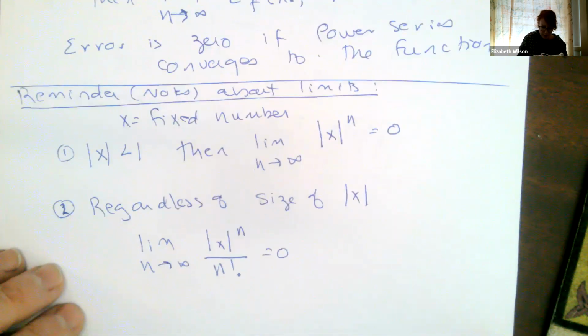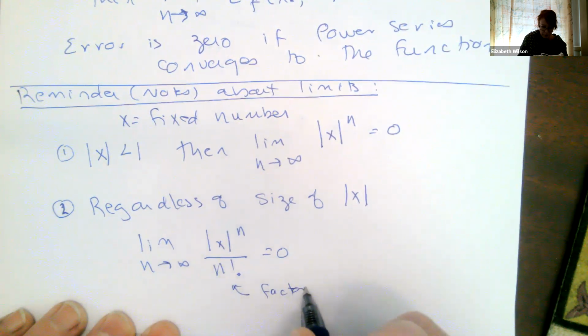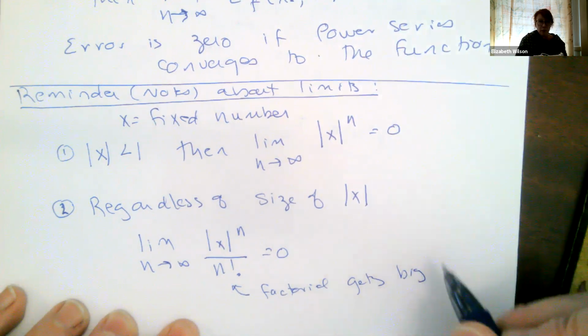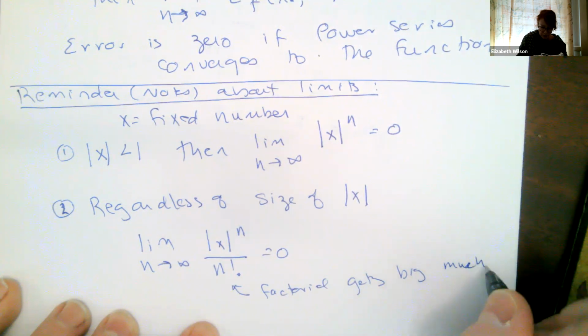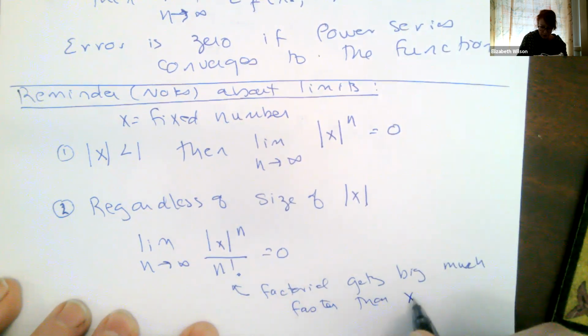And what this means is that the factorial gets big much faster than x to the n.